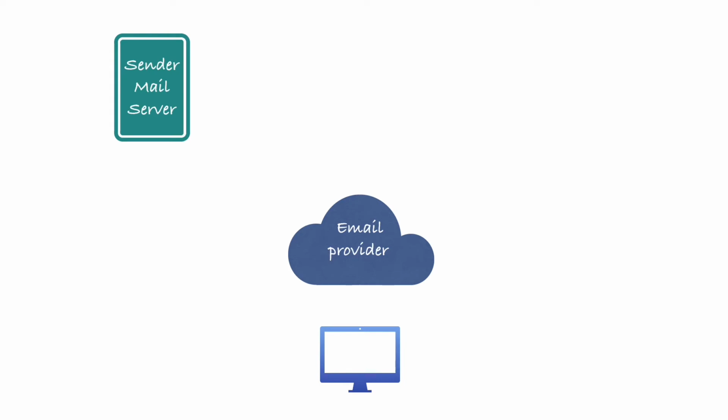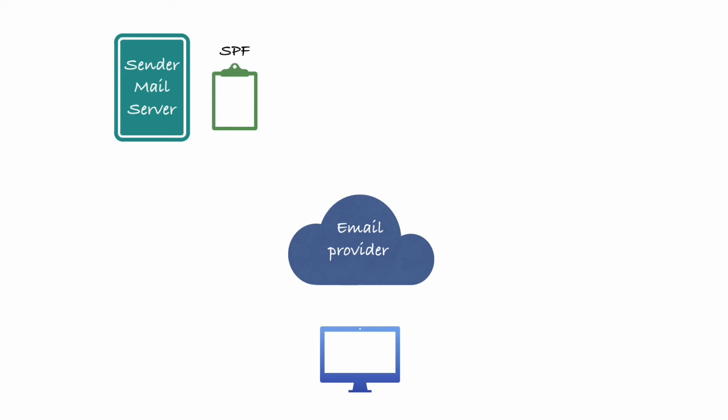To explain how DMARC can help, we need to understand Sender Policy Framework (SPF) and DomainKeys Identified Mail (DKIM). SPF allows the sender to list all authorized hosts that are permitted to send emails on behalf of the sender domain.